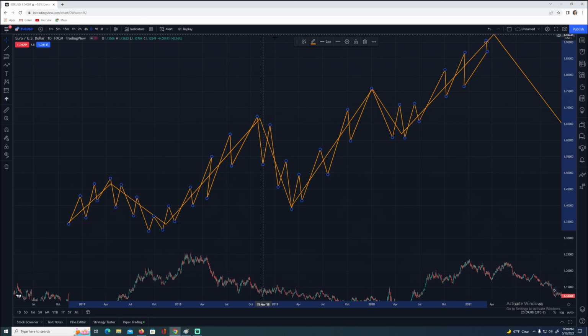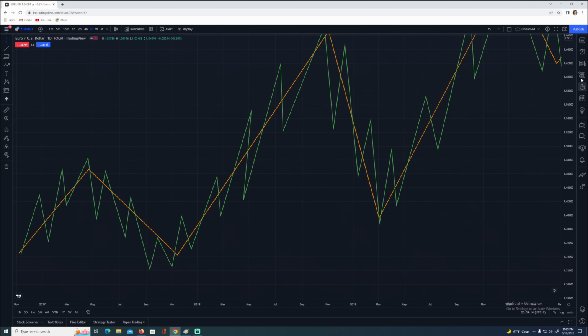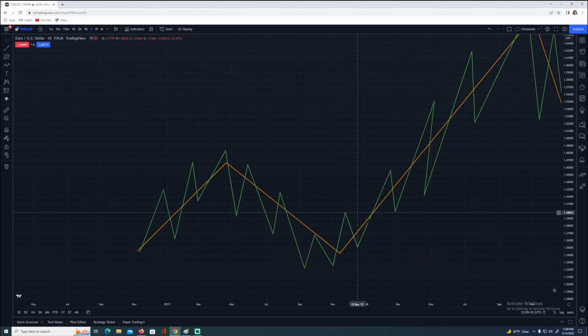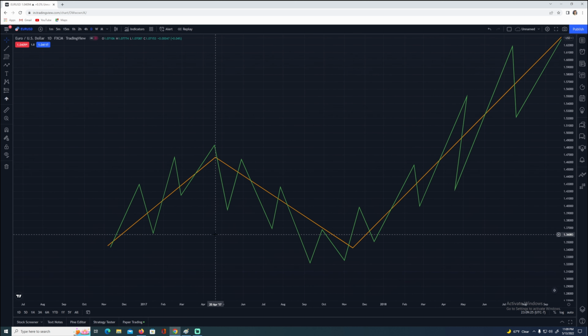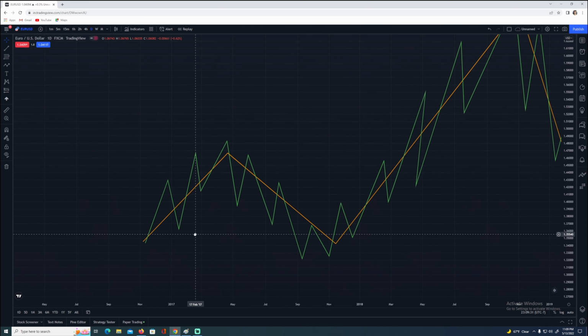Okay, let's say the orange is a daily, and let's say the green is a 4 hour structure. Most of the time what's going to happen is we're going to see this structure, and you're trading this structure, and then it fails, it breaks structure.